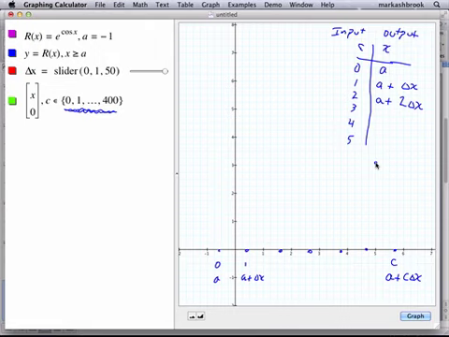So my x coordinate of every point is A plus C delta x. And let's make the points red.